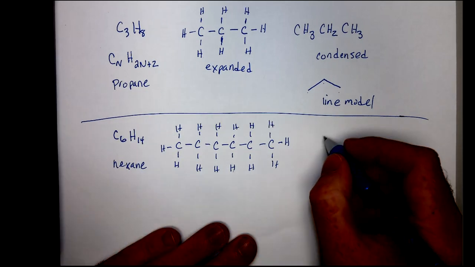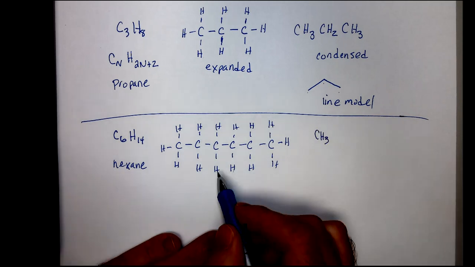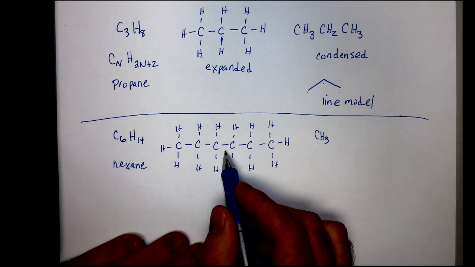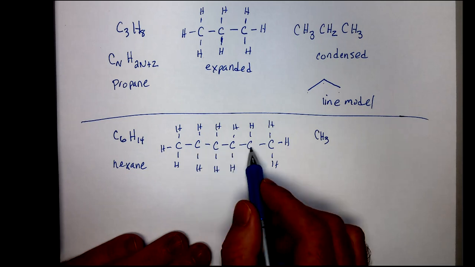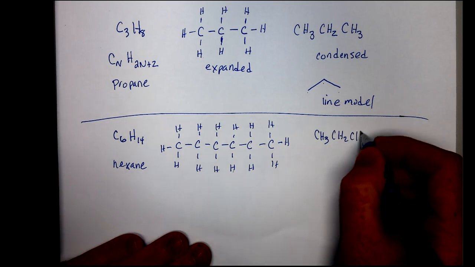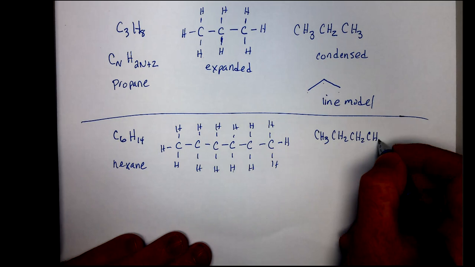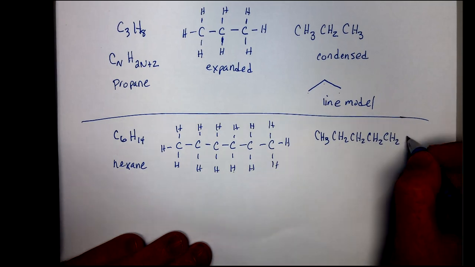If we want to condense that, we're going to have a CH3, right? Then in the middle, we get 1, 2, 3, 4 CH2s. And then a CH3 on the other end.